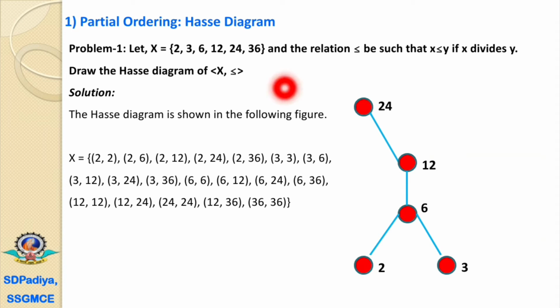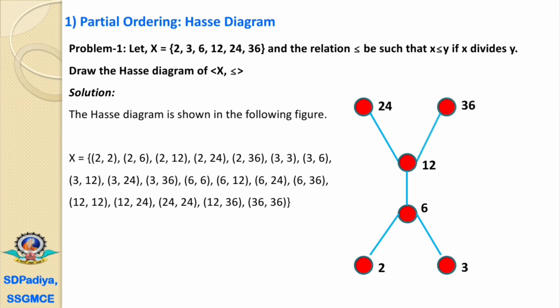Now for the last element 36, if we look, there is no relation between the 24 and 36, we are not having the pair 24 comma 36. Means there is no relation between the 24 and 36, and if there is no relation, we have to draw this element at the same line.